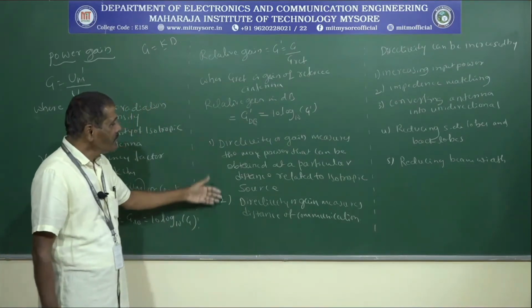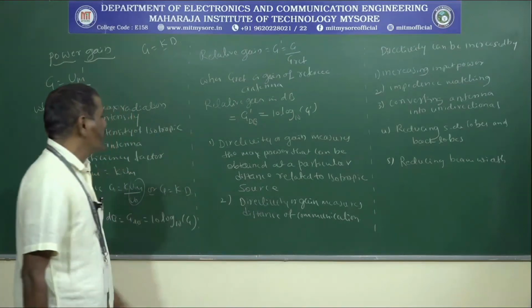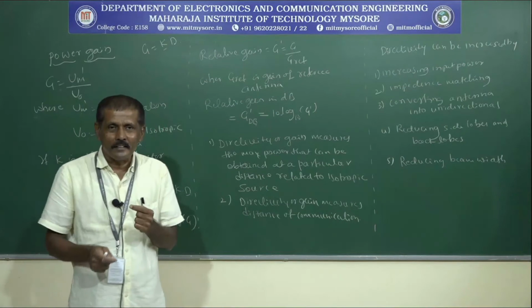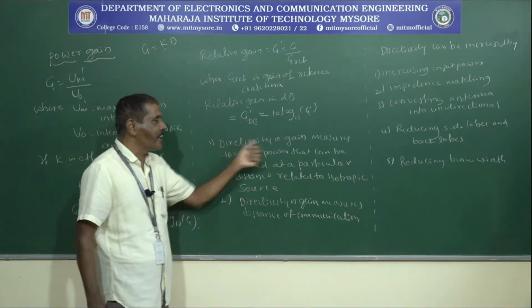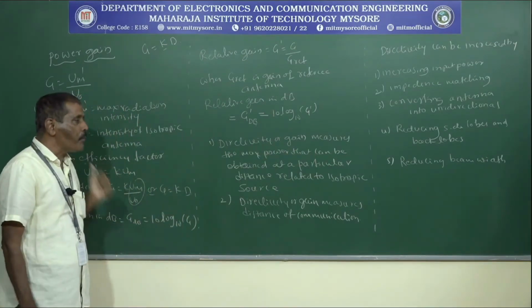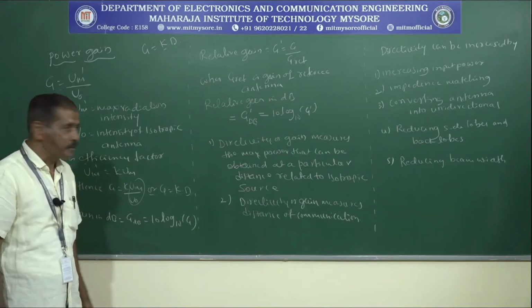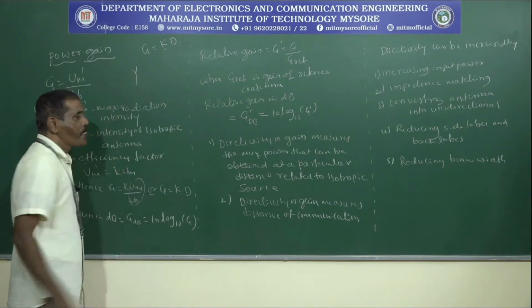Then let us consider two terms related to power gain. Remember, the directivity and the gain look similar, so here I have written it as directivity or the gain. Directivity or the gain measures the power that can be obtained at a particular distance relative to the isotropic source. Now, this is your antenna, for example.